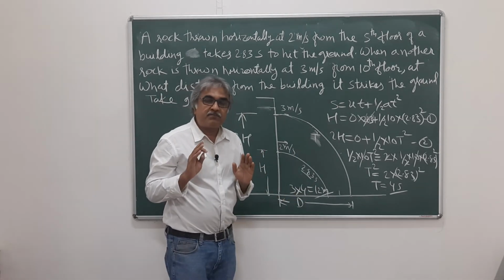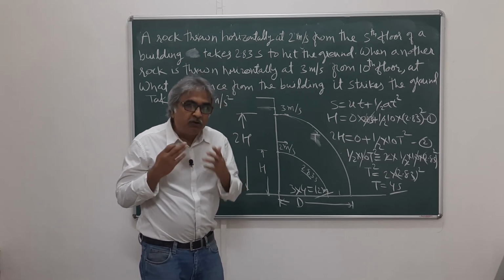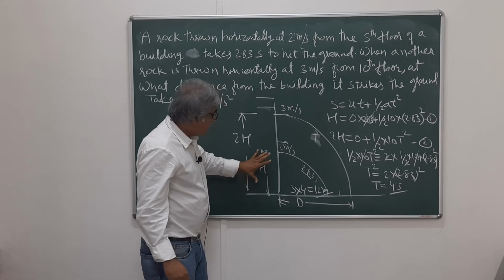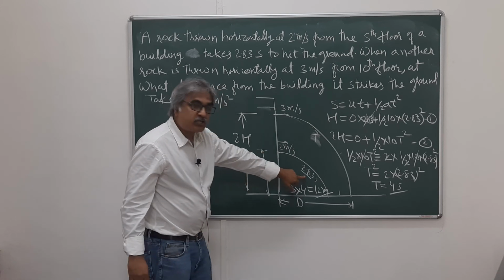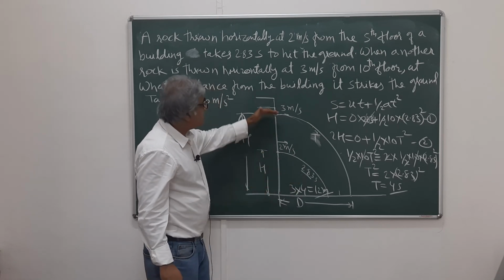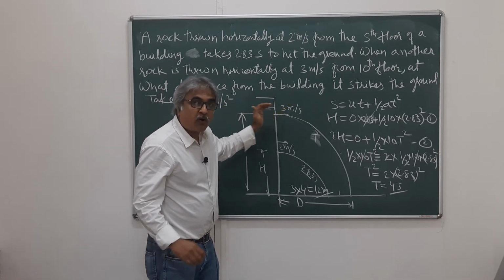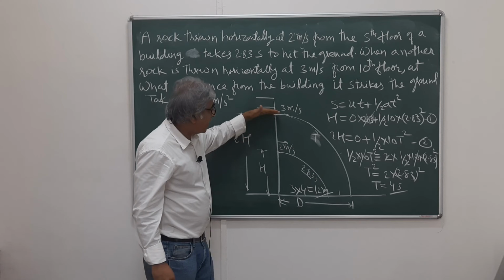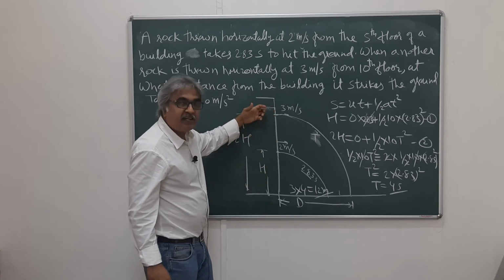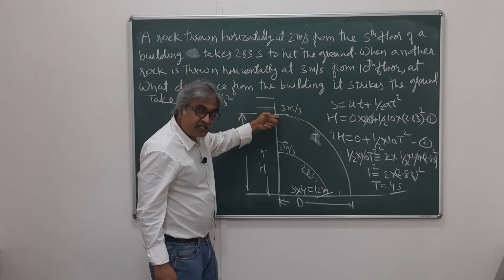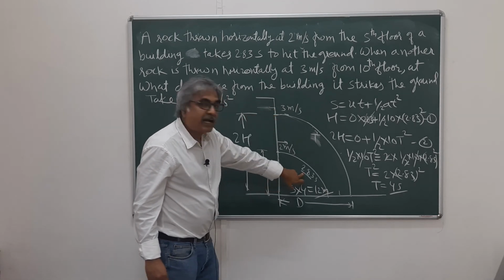Now I am going to tell you something where you could make a mistake. One could say that this is h, time is 2.83. So if you are just throwing the rock horizontally from a height which is exactly 2h, then you shouldn't say that the time required for this rock to reach the ground will be exactly 2 into t.